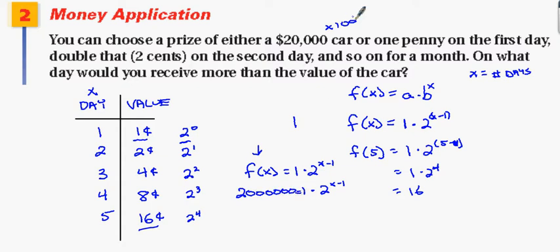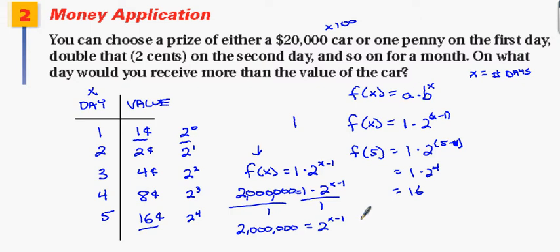So 2 million pennies is what $20,000 is. So if I divide both sides of the equation by 1, I still get 2 million is equal to 2 to the x minus 1.